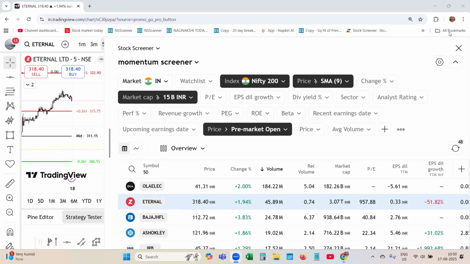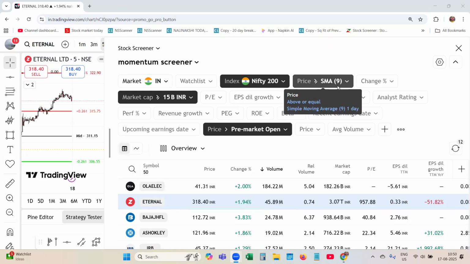Here I want to share, I have made a screener. You can also do it on TradingView. It is very simple. I'm going to show you, nothing I've added. Only I've selected the Indian market and index Nifty 200 and price SMA above 9 period, because mine is not premium, it is a free version.